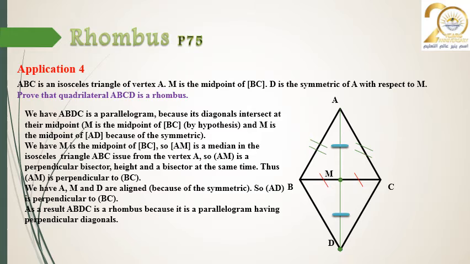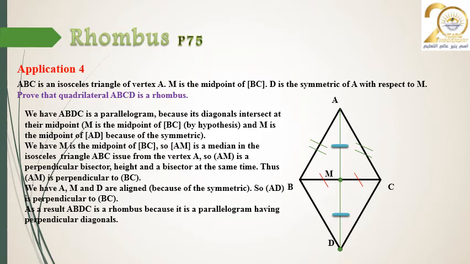We have ABCD is a parallelogram because its diagonals intersect at their midpoint M. M is the midpoint of BC as given, and M is the midpoint also of AD because of the symmetric. So M is the midpoint of both diagonals.